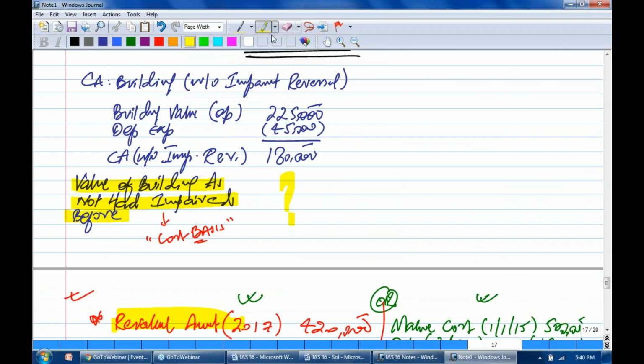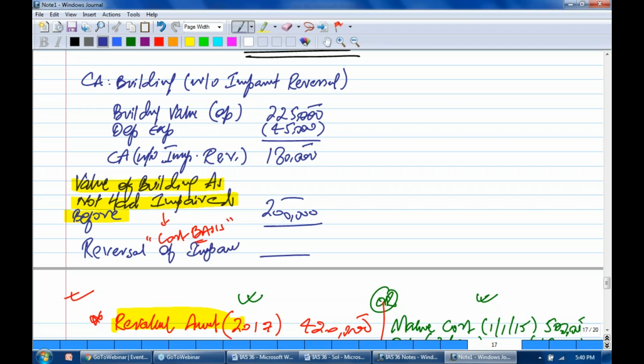So what we will do: value of building as not had impaired before on cost basis, that is 200,000, and we will work out the reversal of impairment with the value 20,000.